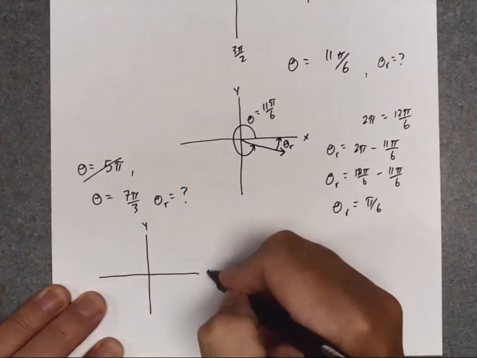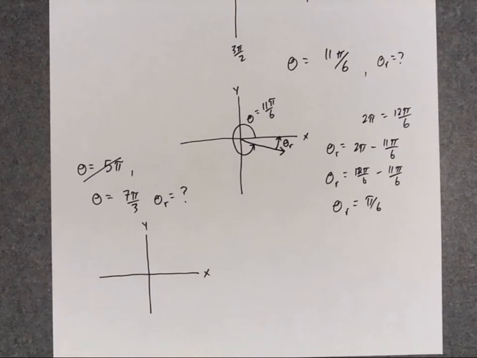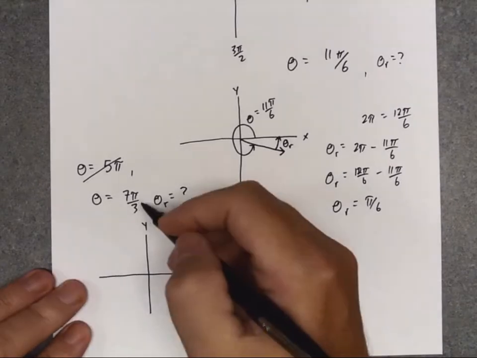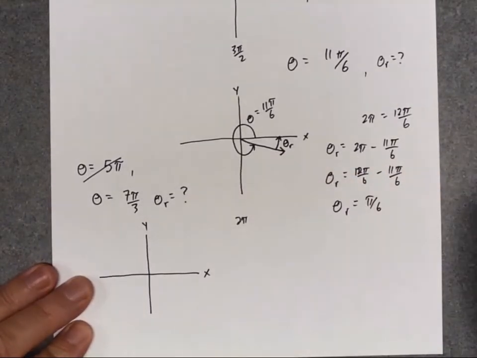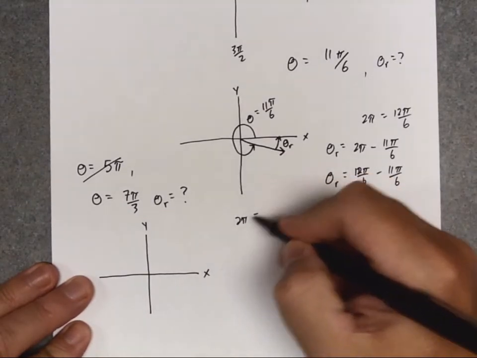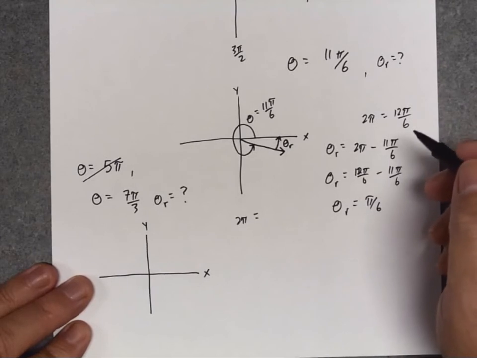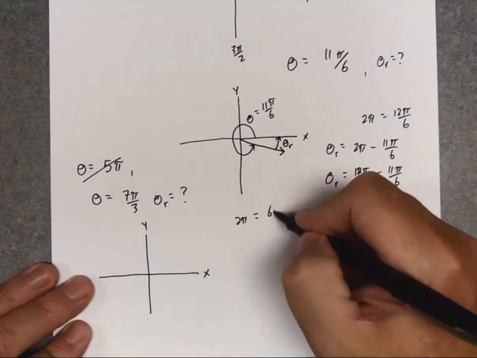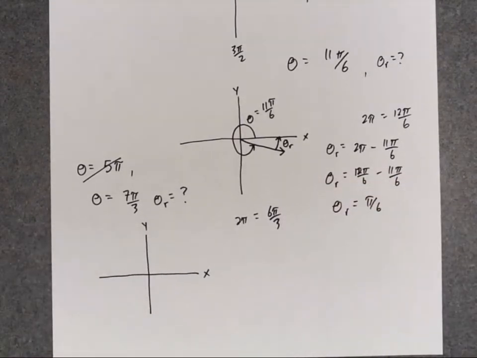Now the first thing I ask myself is, 7 pi over 3, is that more than one trip around the circle? The only way to know that for sure is, one trip around the circle is 2 pi. If I want to write this with the denominator of 3, multiplied by 3 over 3, 2 pi is the same thing as 6 pi over 3.